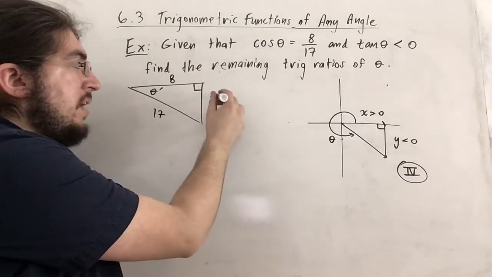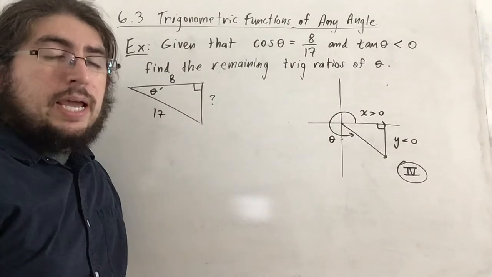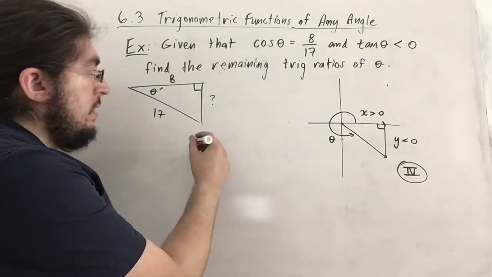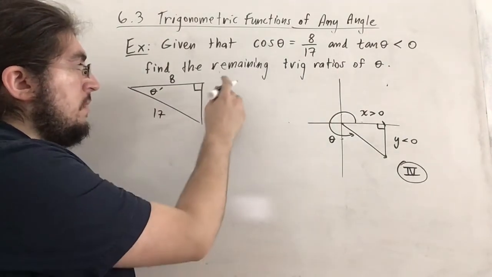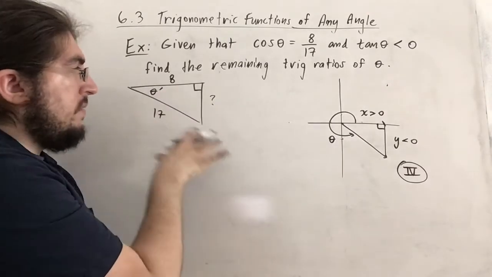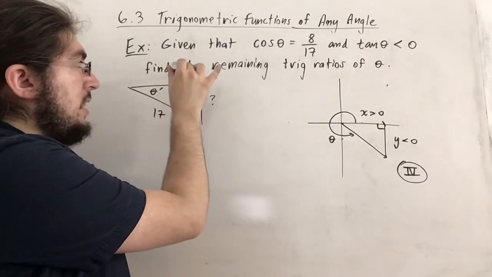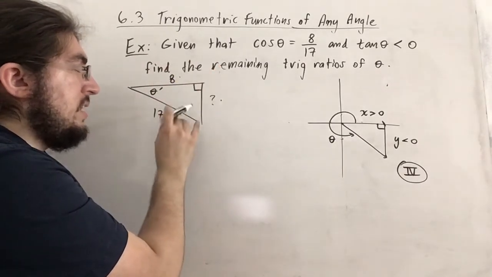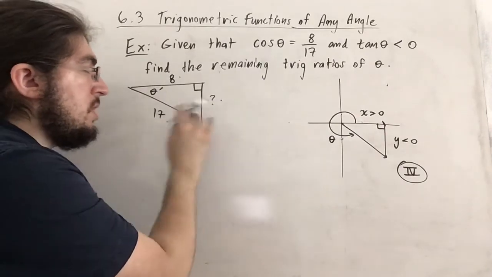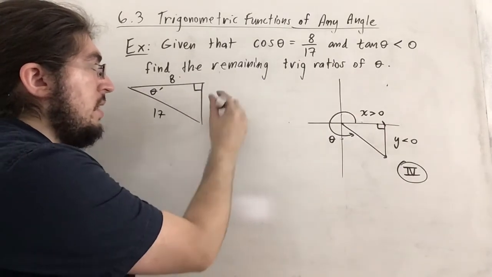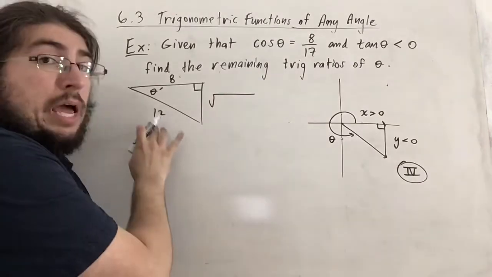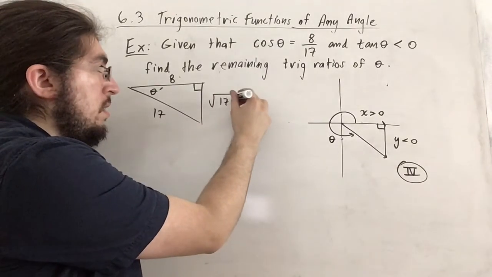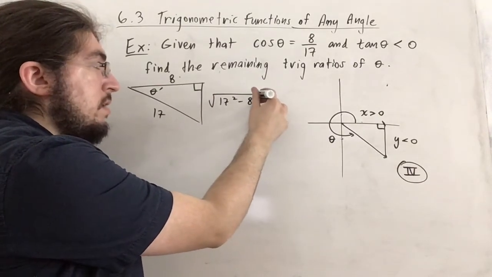Now, can we find the remaining side of the triangle? Yes, we can using the Pythagorean theorem. There's actually a nice way of doing it, because remember that we're doing 8 squared plus this squared is equal to 17 squared. So that means our question mark value is just going to be the square root of the hypotenuse squared minus the other one squared.